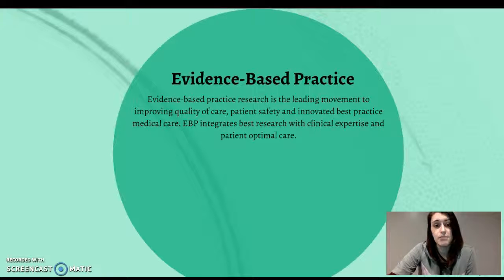Evidence-based practice. Evidence-based practice research is the leading movement in improving quality of care, patient safety, and innovative best practices for medical care. Evidence-based practice integrates best research with clinical expertise and patient optimal care. Pretty much the basis of this is data sets. Research is done, data is collected and analyzed.